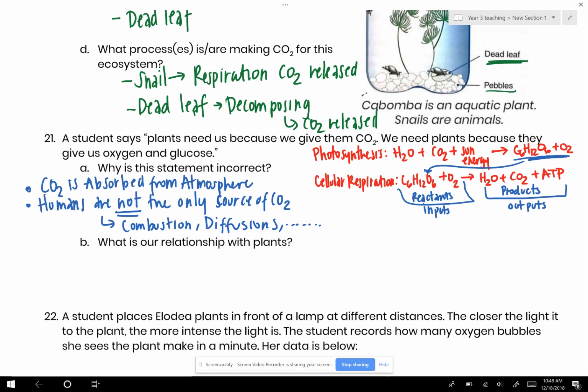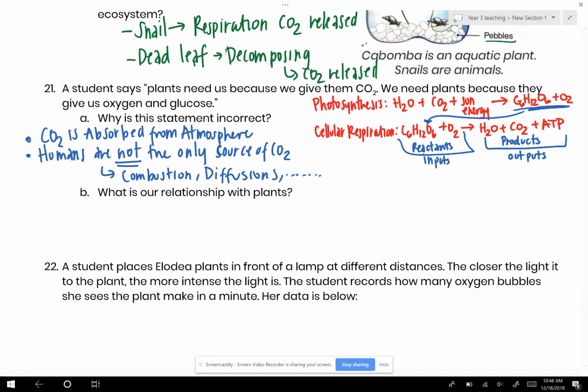And then they ask us, what is our relationship with plants? If it's not just a give and take relationship, then what exactly is it? We have to look at this a little bit further.